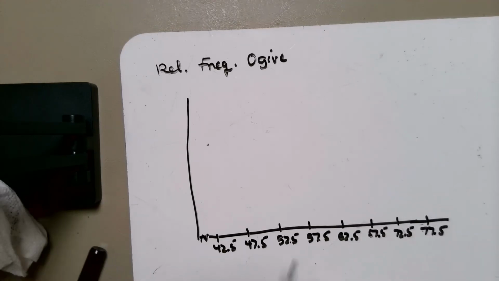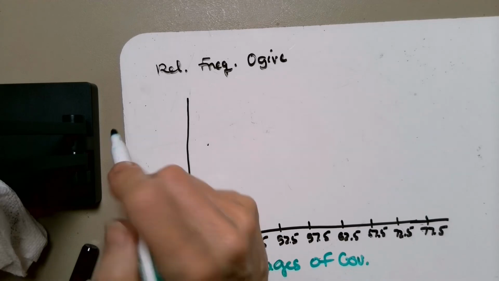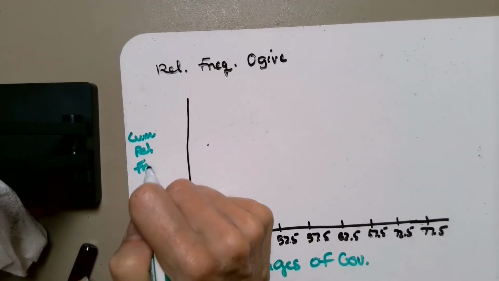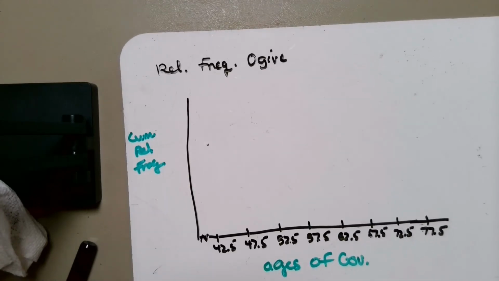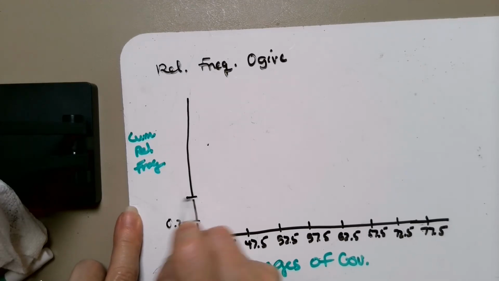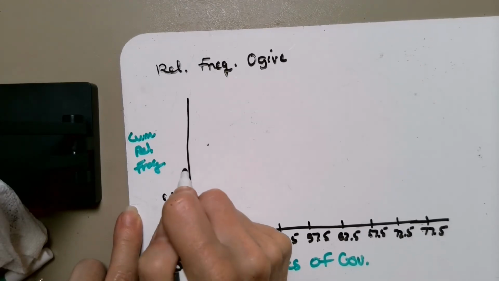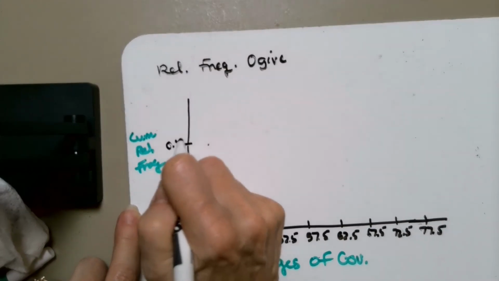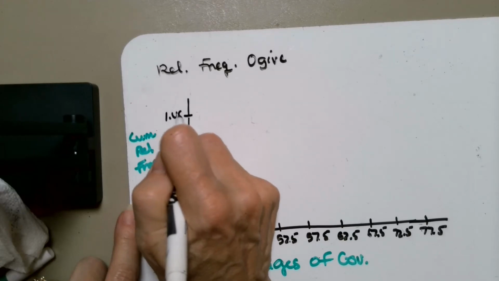Again, these are ages of governors. This is going to be cumulative relative frequency, which is going to go up to 1 or 100%. So I'm going to count by, just because I don't have a lot of space, 20%, 0.20, 0.40, 0.60, 0.80, and 1.